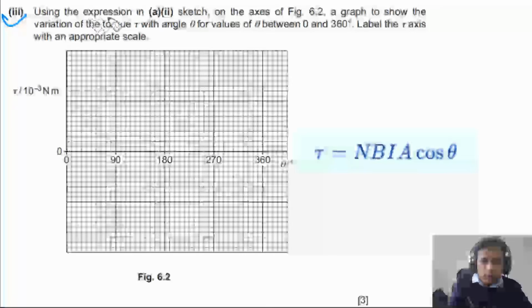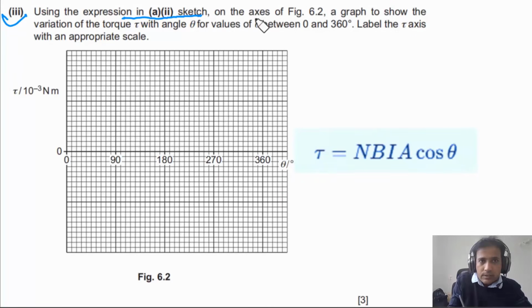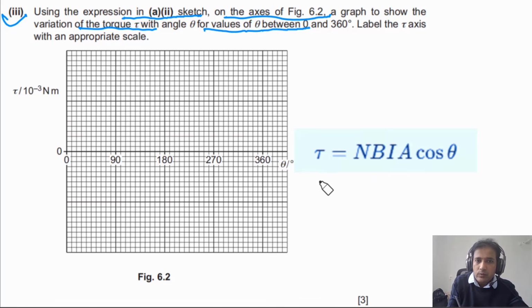The third part says use the expression in part A to sketch on the axes of figure 6.2 a graph to show the variation of the torque with angle theta for values of theta between 0 and 360 degrees. Label the tau axis with an appropriate scale. For this one we need to understand first of all when tau is maximum.